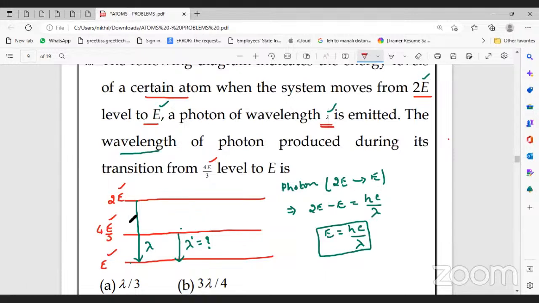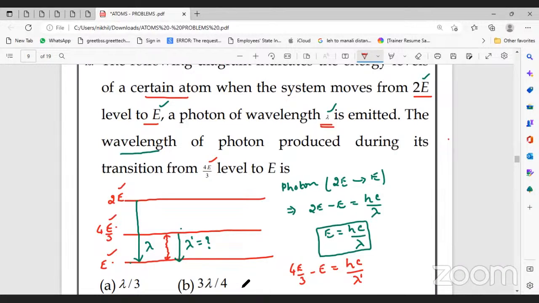When the electron takes a transition from 4e by 3 to e, the energy difference is 4e by 3 minus e, and this is equal to hc by lambda dash.